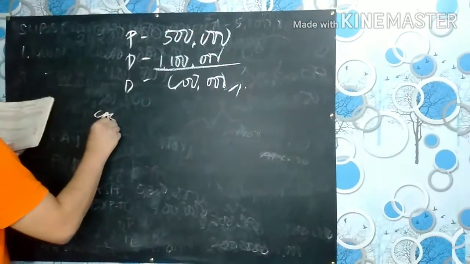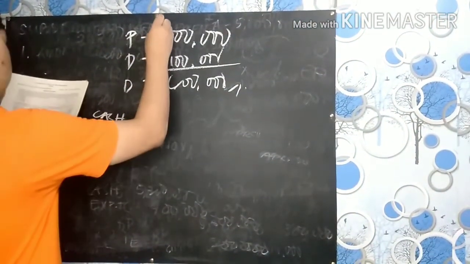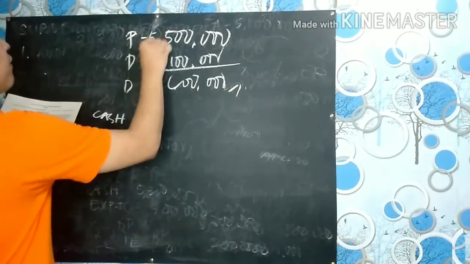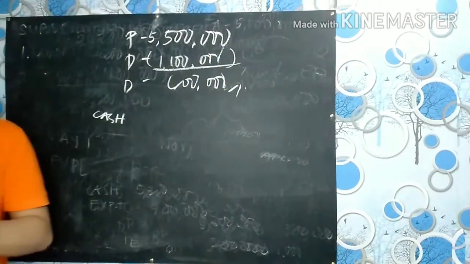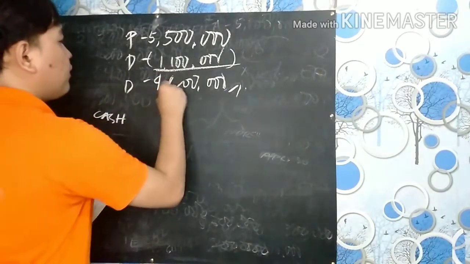So, debit tayo ng cash, of course. Magkano ba na-receive natin? 5,500,000. Less natin yan 1,100,000, so 4,400,000.